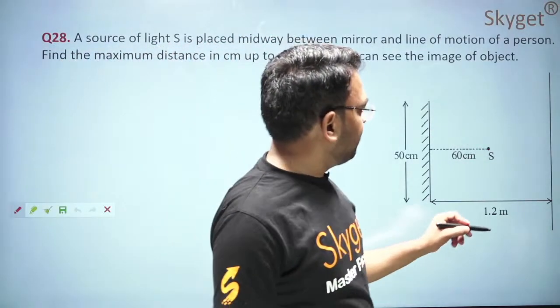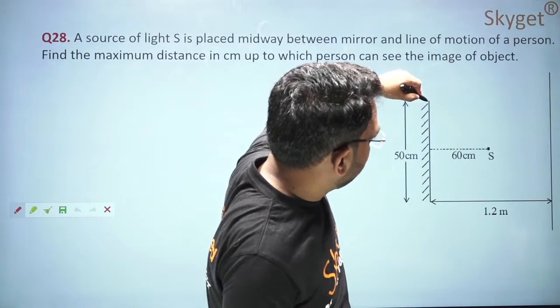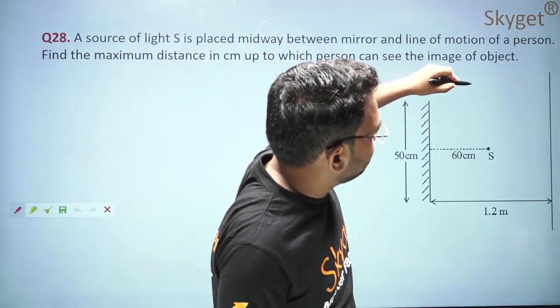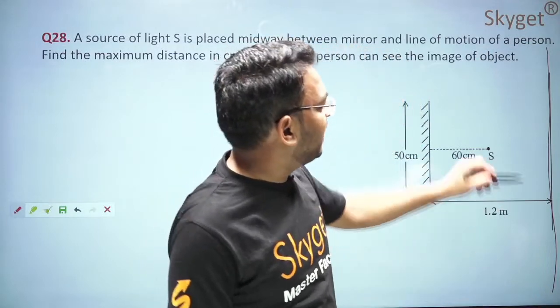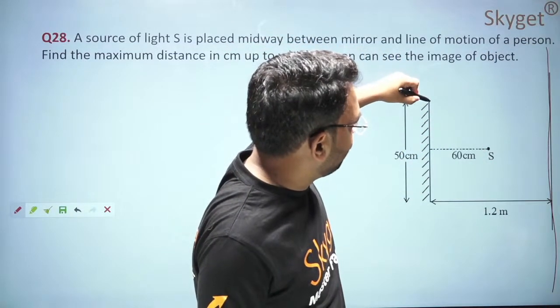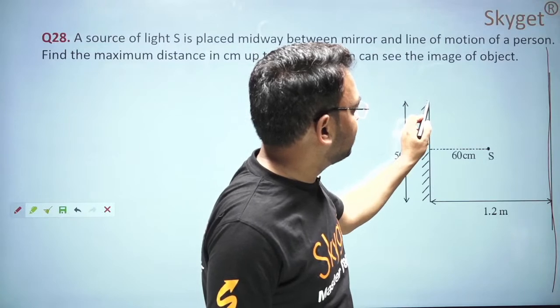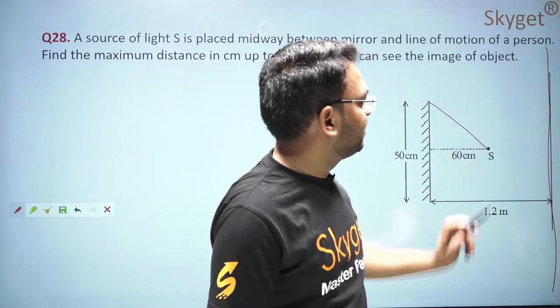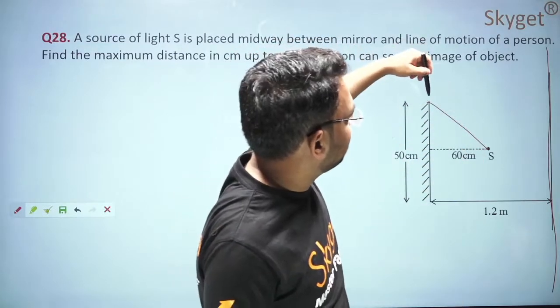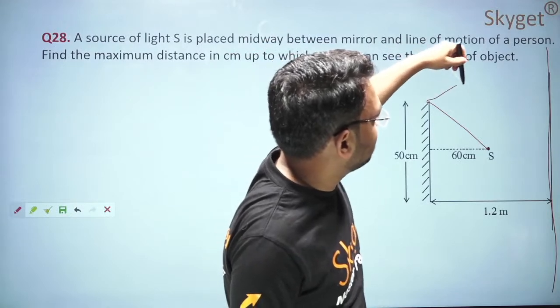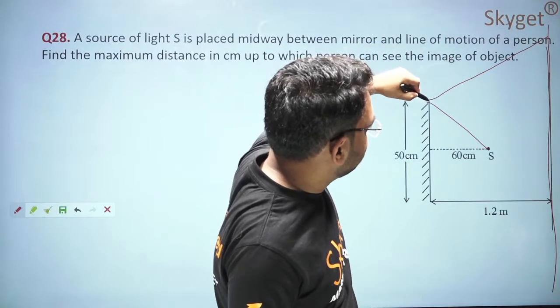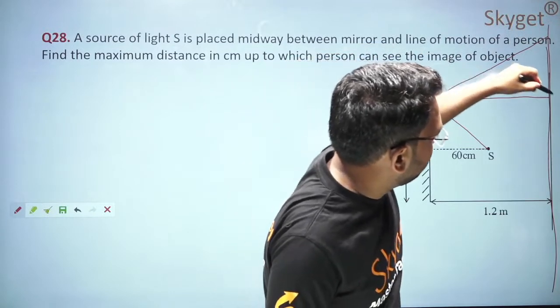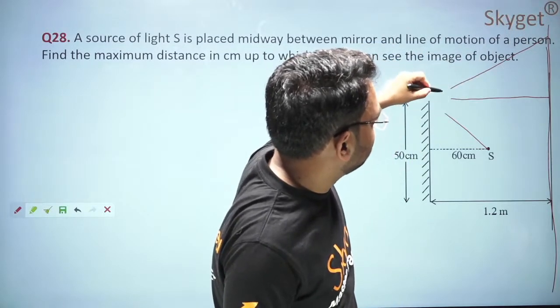So let's suppose I draw one triangle. The maximum distance up to which I can see is given by the light which strikes over here and then comes to my eyes, right? Any light making the same angle of incidence and coming from somewhere here, whatever the angle of incidence is, it makes the same angle of reflection.